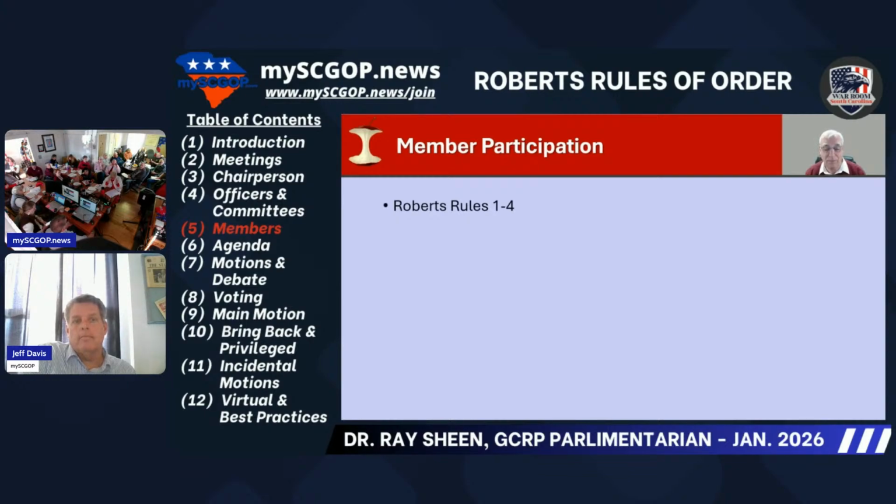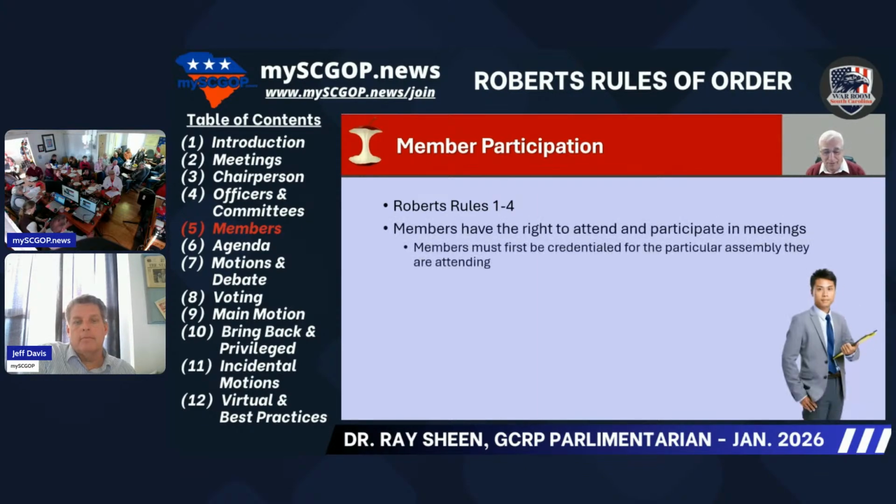Members of the county executive committee meeting are also elected by the precinct members and are the sole voice for their precinct at the meeting. Members of committees are either elected by the executive committee or appointed by the chairman. Anyone who's not a member is a guest. There are only two categories, members and guests.